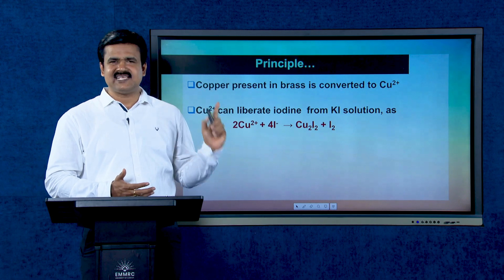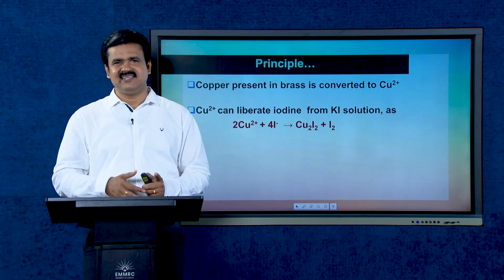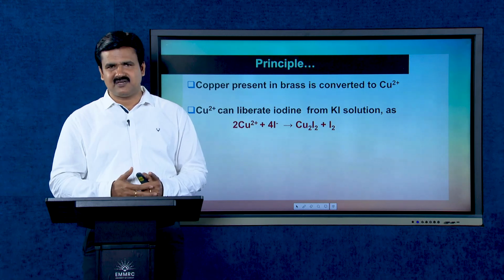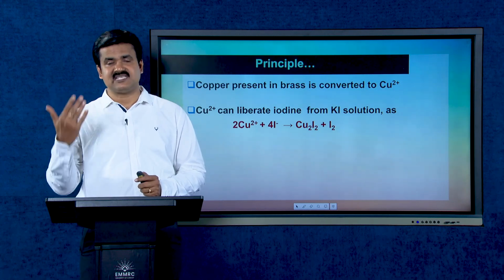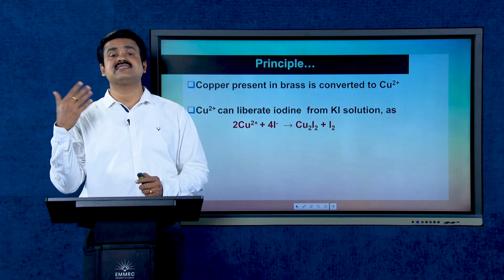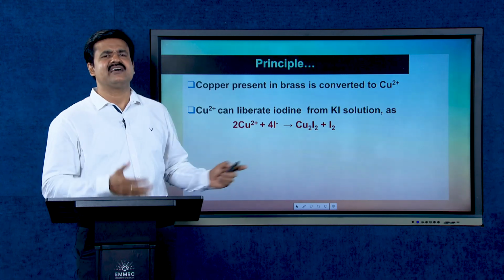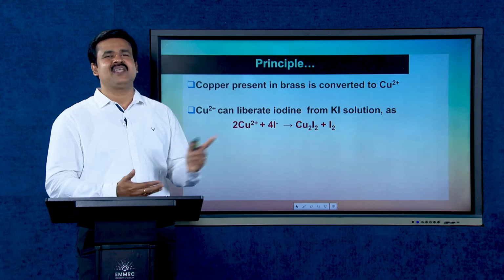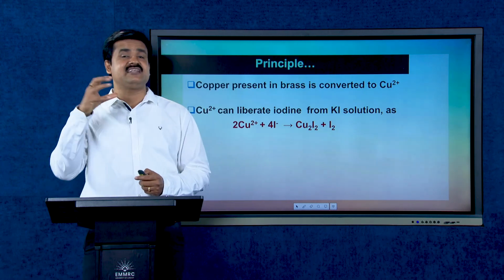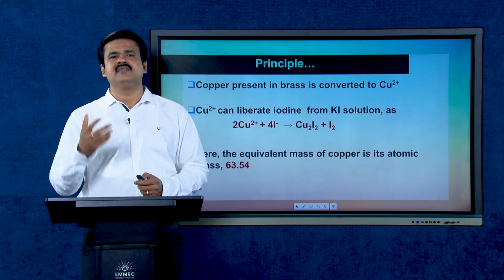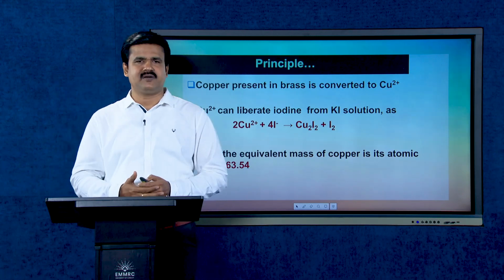You can see copper 2 plus on the left hand side is just reduced to copper plus 1, while I minus is oxidized to I0, that is, iodine is oxidized to 0 oxidation state from -1 state. So, this is simply a redox reaction. At the same time, iodine is liberated during the course of the reaction, and this liberated iodine can be titrated, leading to the estimation of copper.